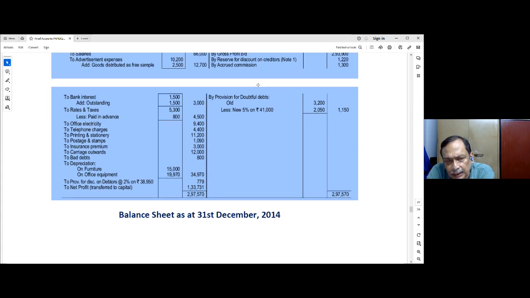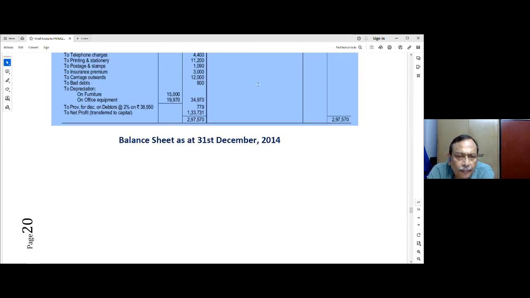Now, credit is more than the debit. Then we have to write to net profit transferred to capital account.